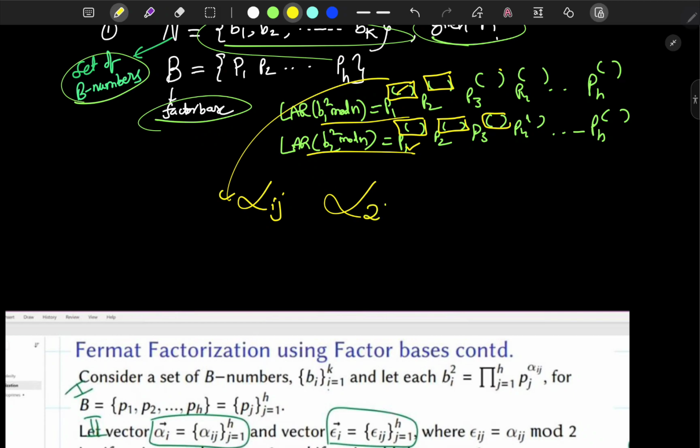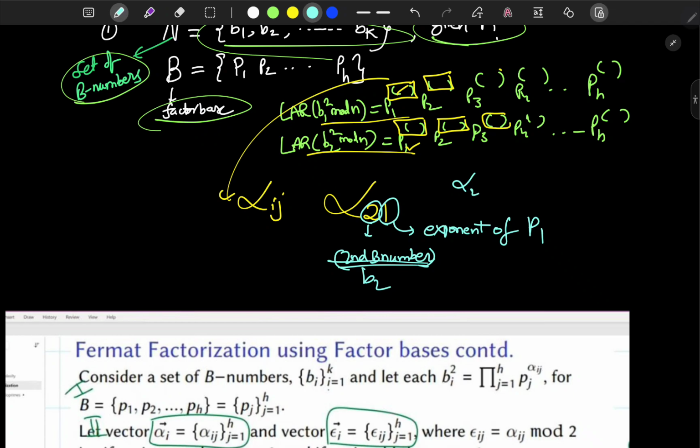When I write alpha 2 1, this 2 indicates the second B number, that is B2, and 1 denotes that it is an exponent of P1. Basically alpha 2 1 is the exponent of P1 in the B number B2.